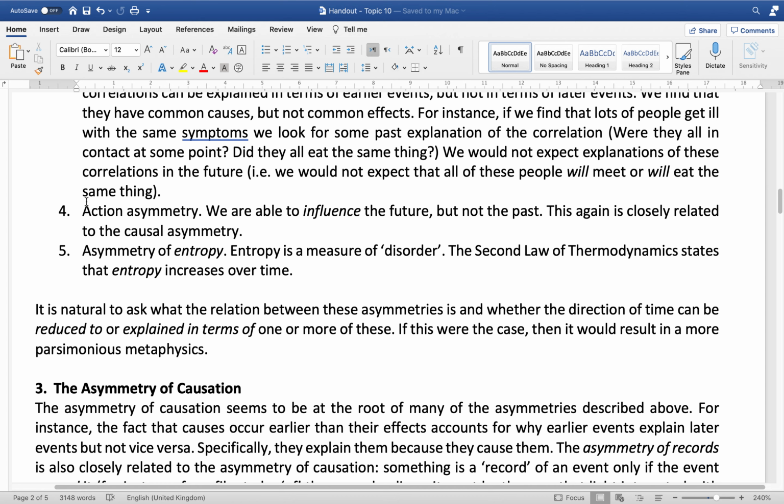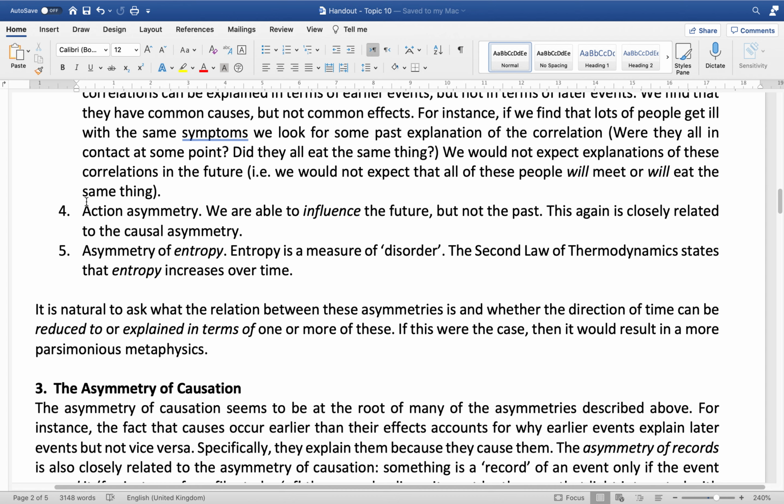Entropy is a measure of disorder, and the asymmetry of entropy is captured by a well-known principle of physics known as the second law of thermodynamics, which states that the total entropy of the universe increases over time. Disorder increases over time. That holds for the universe, but also for systems within the universe. We'll come back to exactly what that means later.